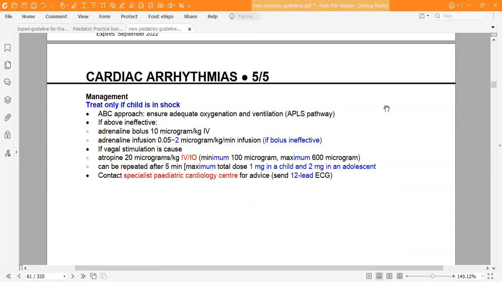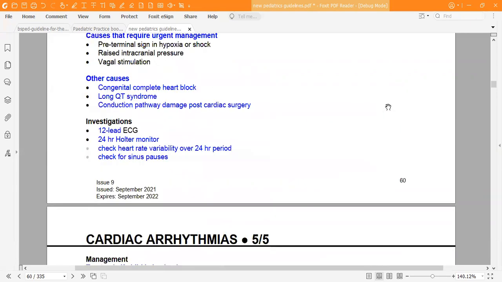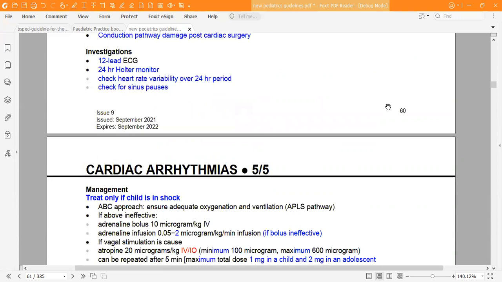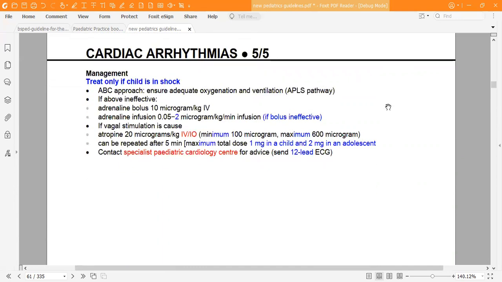The last page in this guideline talks about the management: treat only if the child is in shock. So in bradyarrhythmia or bradycardia, you don't need to treat unless the patient is in shock. So you will start the ABC approach, ensure adequate oxygenation and ventilation, advanced pediatric life support pathway.